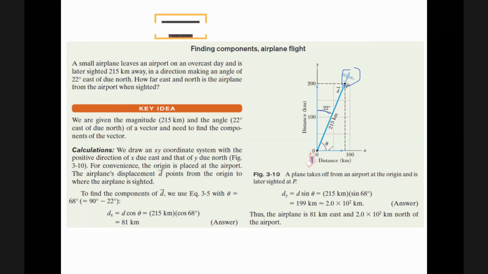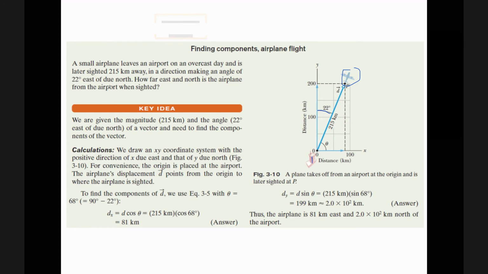Same thing. The way you describe the airplane location, relative to y or relative to x, is up to you. Both of them are correct. Whether you say 22 degrees here or 68 degrees here, it is the same direction, the same orientation.